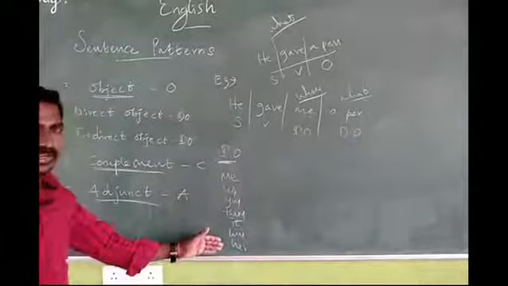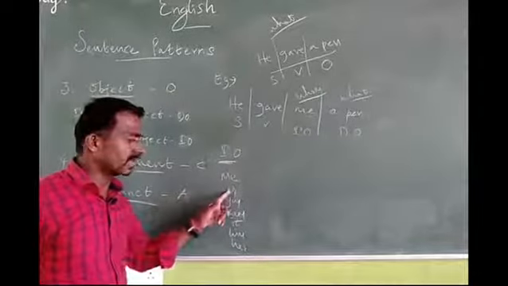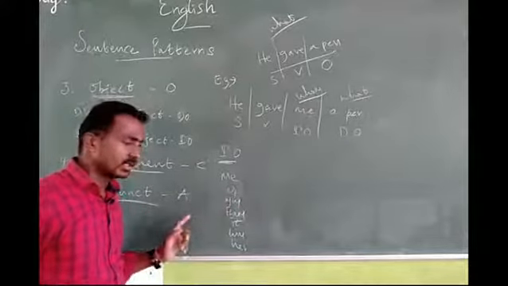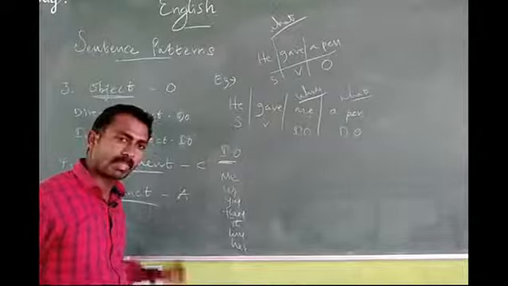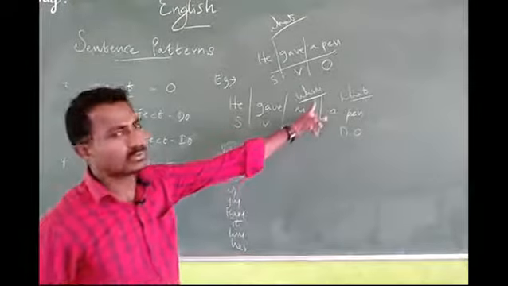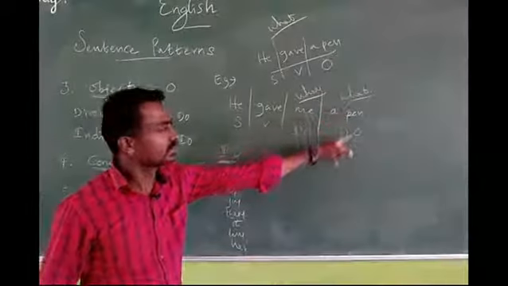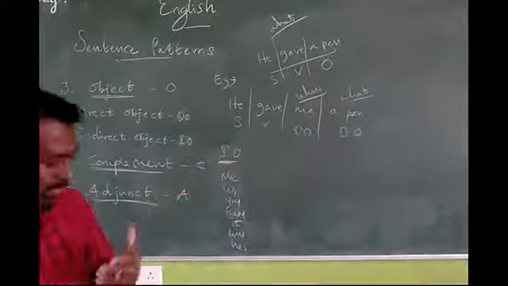These are the seven object forms. Subject I becomes me, we becomes us, you becomes you, they becomes them, it becomes it, he becomes him, she becomes her. The object forms answer the questions to whom and what. So we can easily identify the sentence pattern: subject plus verb plus IO and DO.